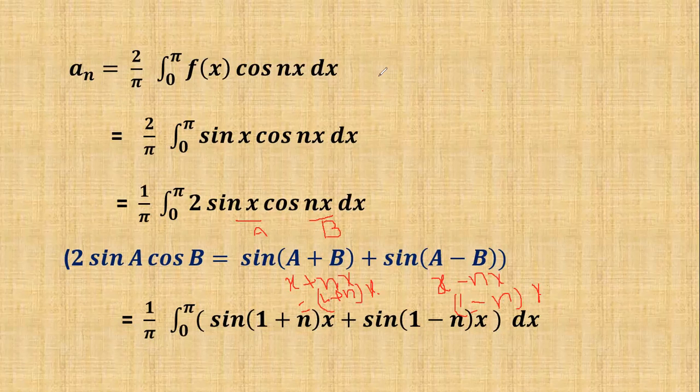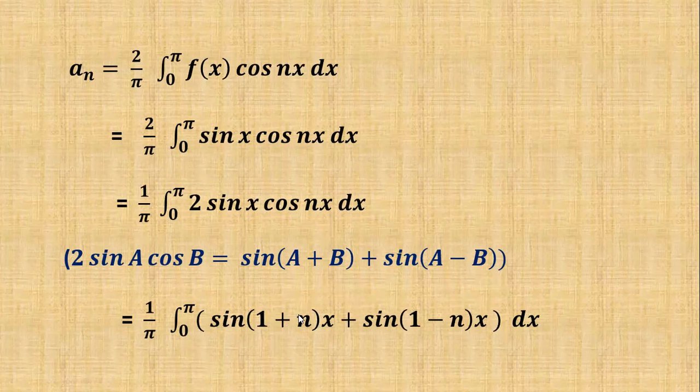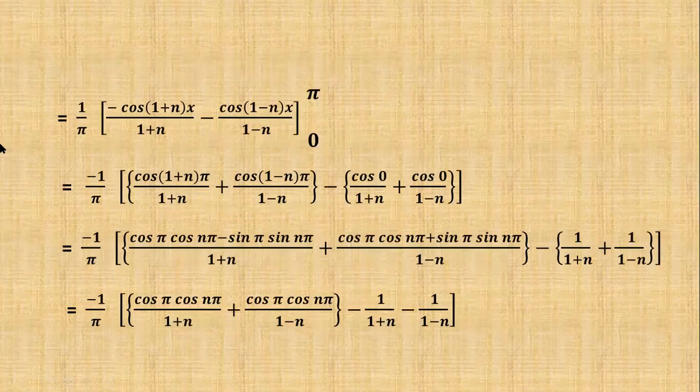Okay. So now we integrate these two terms. 1 by pi into integral sin x is equal to minus cos x. Therefore, minus cos 1 plus n into x by 1 plus n, minus cos 1 minus n into x by 1 minus n, within the limits 0 to pi. Okay. First we apply the upper limit.